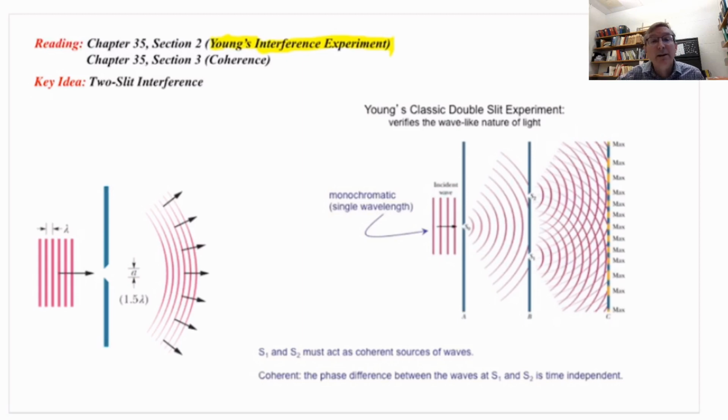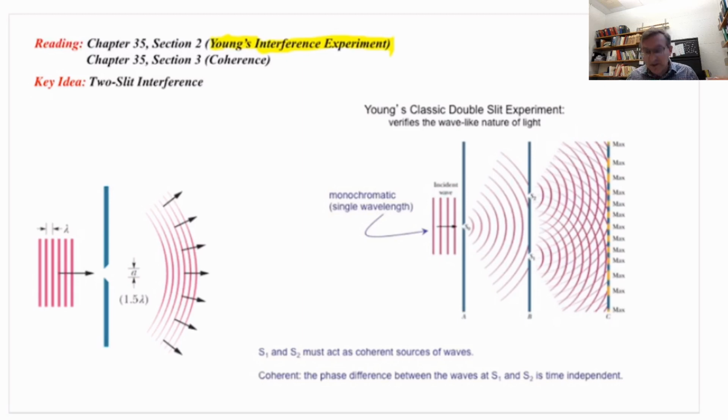And you, in fact, are doing a version of that experiment in this last lab, when you are taking a laser and shining it on a glass plate, and specifically on a two-slit arrangement in the glass plate. Then you are reproducing, under similar conditions, Young's classic double-slit experiment.